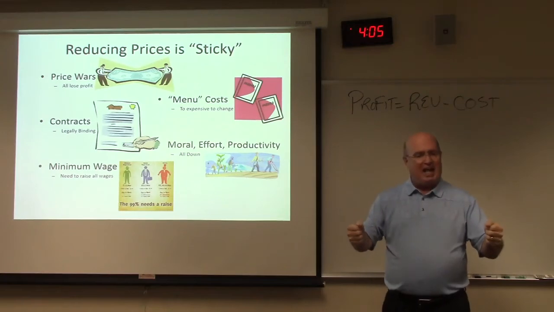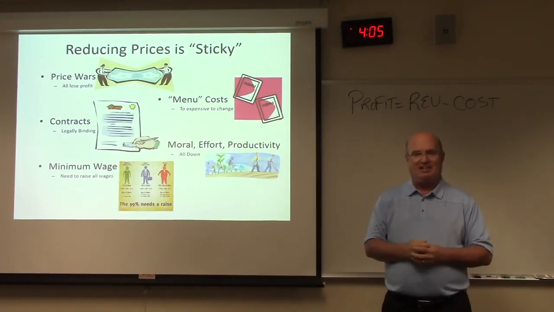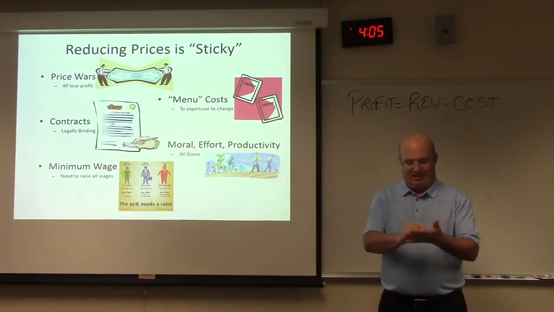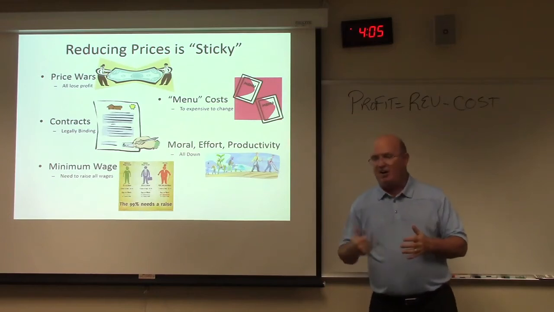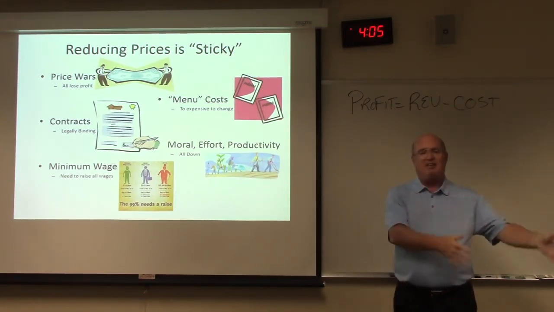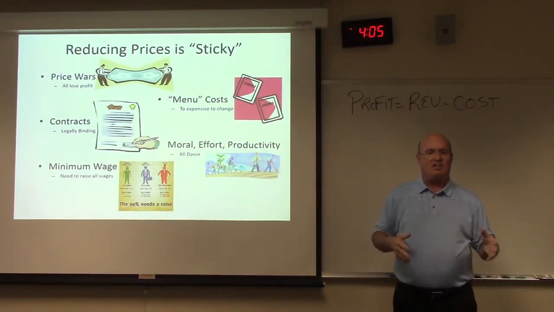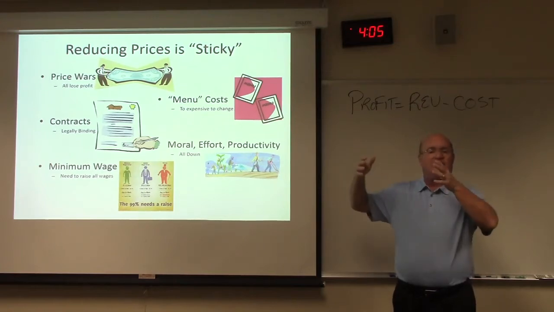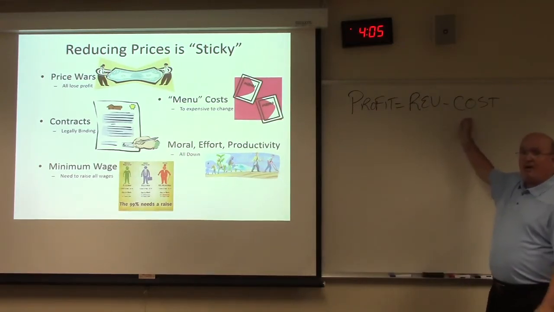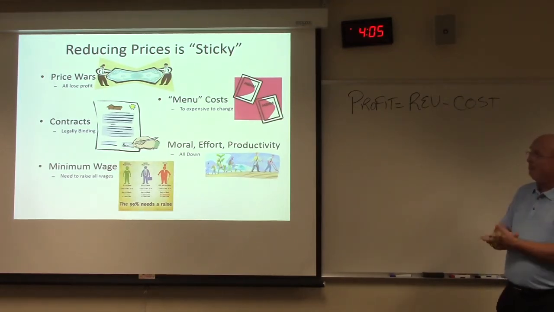You open it up and you got to change the price on one product. Well, it's not like the Waffle House where you write $25 on an orange dot, you put the orange dot over it. You have to replace every menu in the restaurant. Or in other words, it's more of a cost to change the price than just leaving it there.